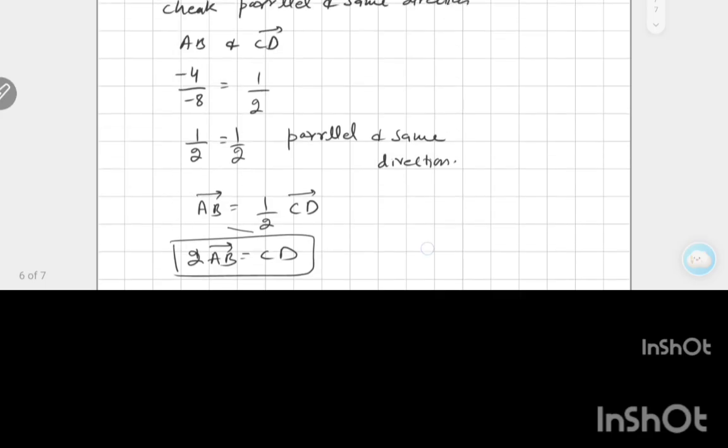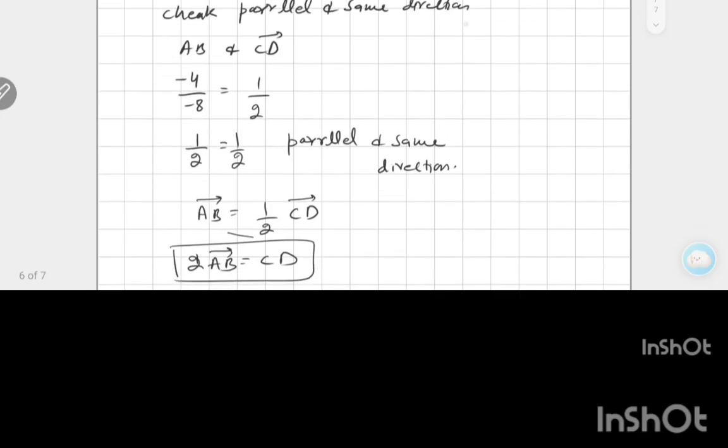Now, the second one: we will again check that this CD and XY are parallel, in the opposite direction or in the same direction. How do we write it? Minus 8 and 16, equal to 16.